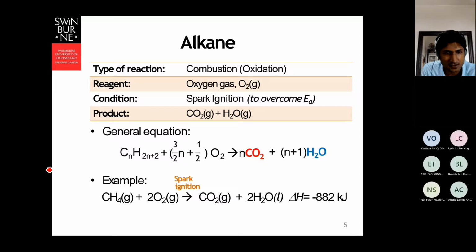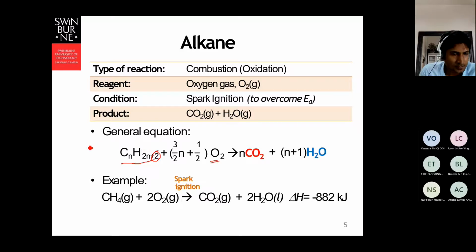The combustion reaction is going on inside that. So this is the alkane. We understand from its formula, CnH2n+2, that this is a saturated hydrocarbon, and oxygen.